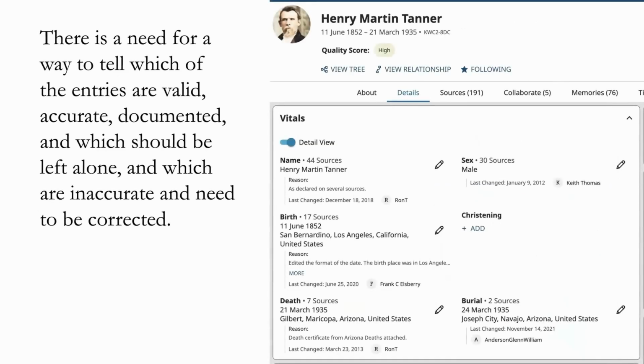And all along, since the introduction of the FamilySearch Family Tree many years ago, there has always been a need to tell which entries are valid, accurate, documented, which should be left alone, and which are inaccurate and need to be corrected. So it's just a matter of learning and background and a little bit of sophistication in understanding what things are changed and what things may not need to be changed.